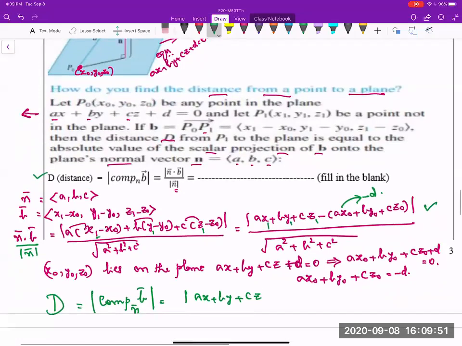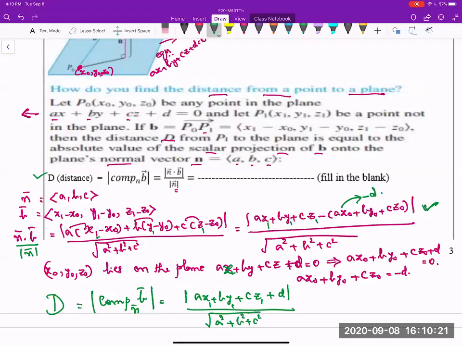Okay? So it is going to be ax1, by1, cz1, and here minus of minus d from this step, minus of minus d, that will be positive d, divided by length of the vector n, which is square root of a square plus b square plus c square.